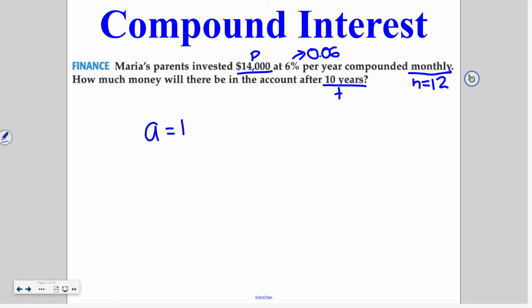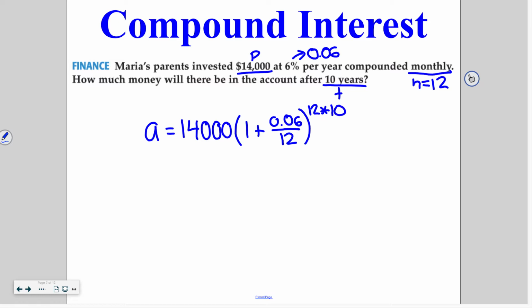So we're going to break this down. A is equal to $14,000. In parentheses, 1 plus 0.06 divided by 12. Close the parentheses, and the exponent is 12 times 10.